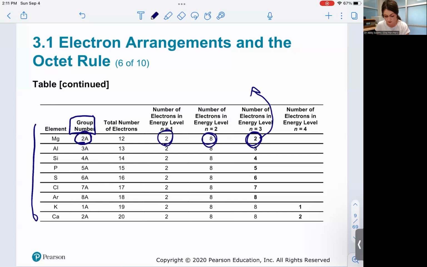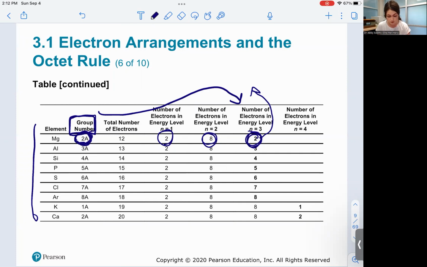Farthest away from the nucleus. All right, so your group number is going to tell you the number of electrons that are in that higher energy level. Okay, so you have magnesium here. All right, that's in group 2A. And that's going to tell you that they have 2 electrons in the 3rd energy level. All right, so every time we are filling up one of those energy levels, we are going to another period.